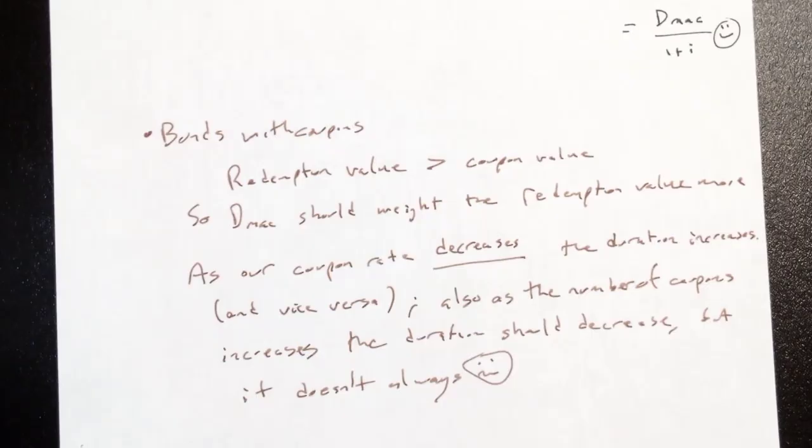But if I have the same effective rate, then those coupons will all be smaller. So my duration might increase. So it's now going to depend on whether you talk about the same nominal rate or the same effective rate.